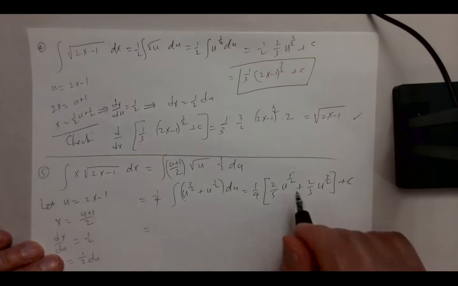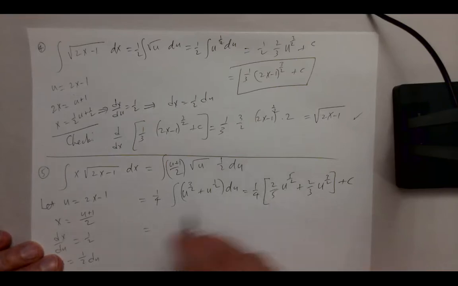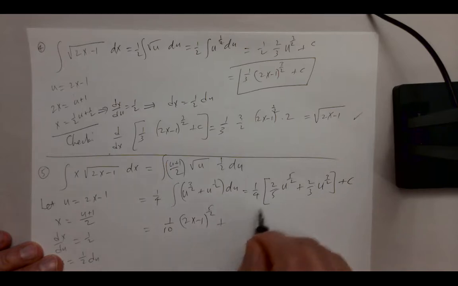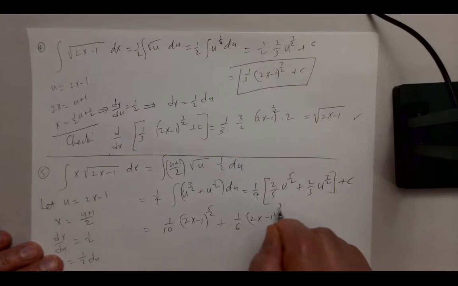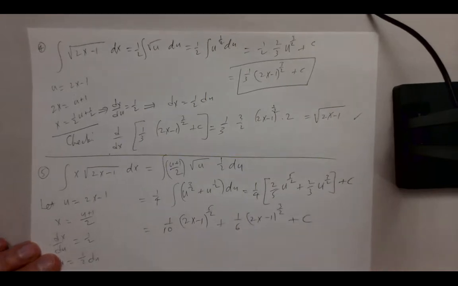What is u equal to? So 2 over 20, this is 1 over 10 times (2x minus 1) to the 5/2, plus 1/4 times 2/3, that's 1/6, (2x minus 1) to the 3/2, plus a constant.